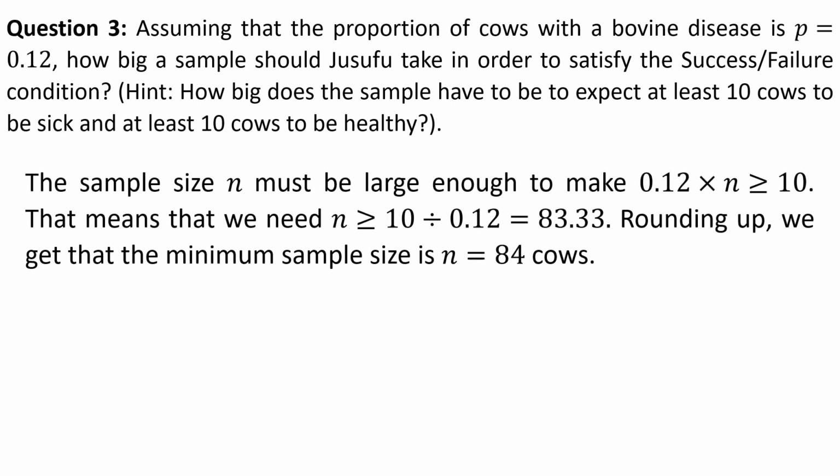And so here, the sample size n must be large enough to make 0.12 times n at least 10. That means we need n to be at least 10 divided by 0.12, which turns out to be 83.33. Rounding up, we see that the minimum sample size is n equals 84 cows. So we need at least a sample size of 84 to satisfy the success-failure condition.